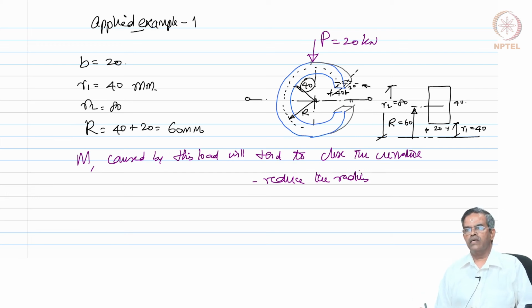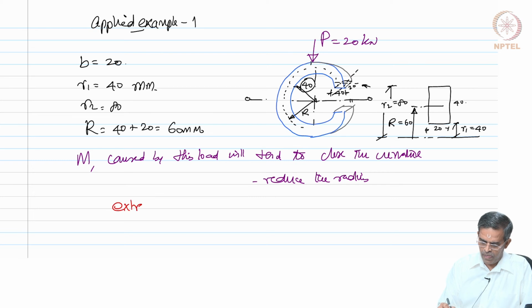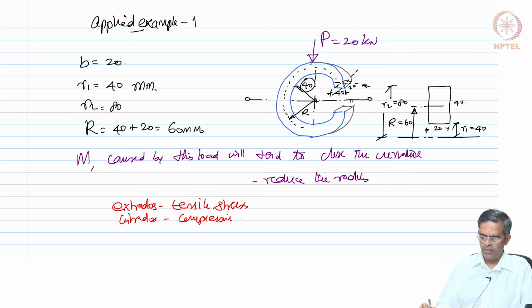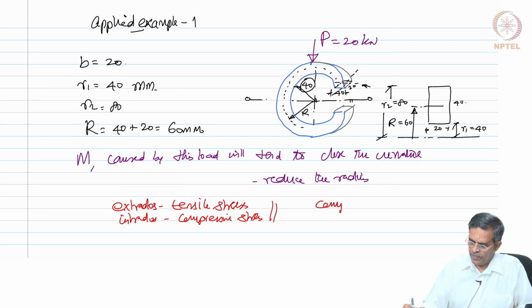Under that condition, extradas will be under tension and intradas will be under compressive stress. So, compression is negative for us.